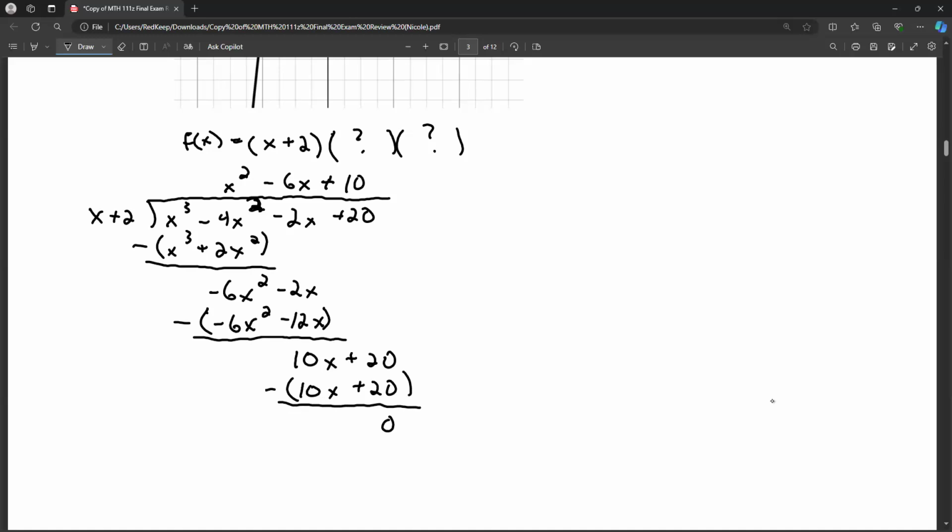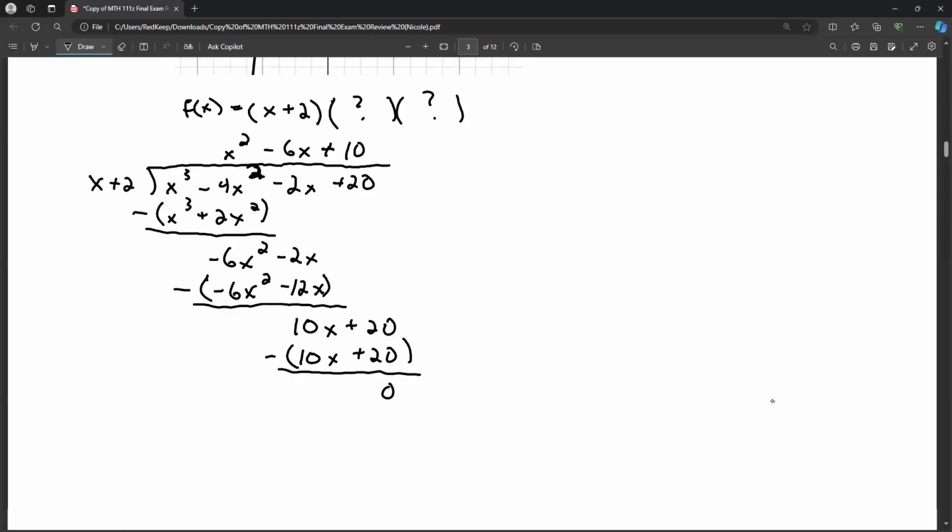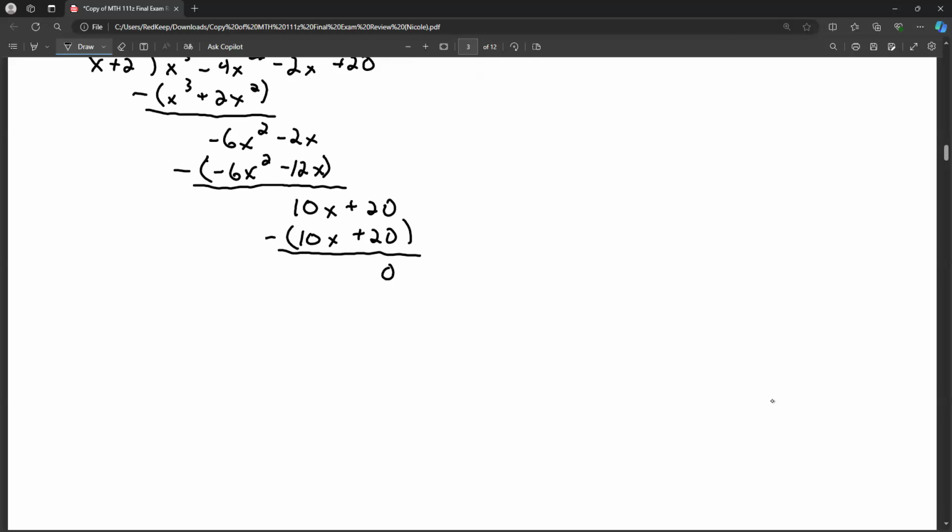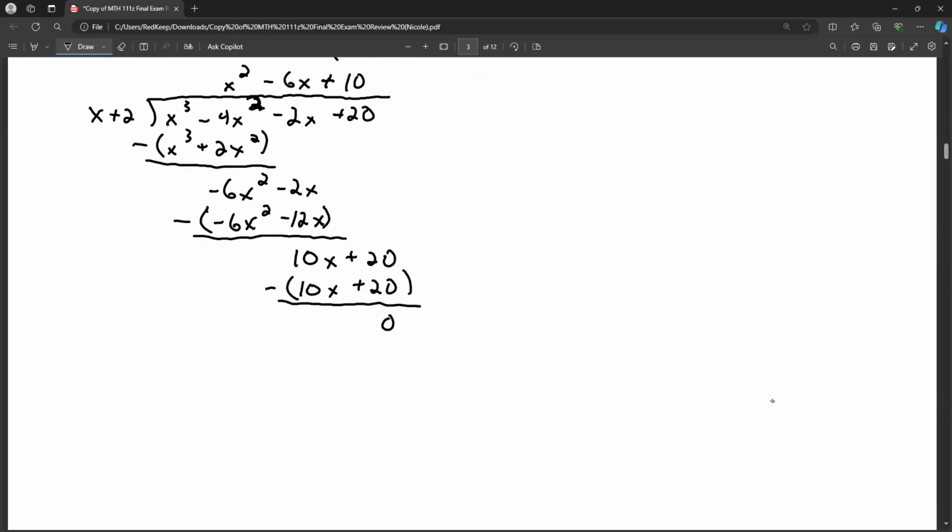So we have found that after I divide out the x plus 2, the quotient is x squared minus 6x plus 10. That was the long division method. I want to set that equal to 0 and solve for the x values.